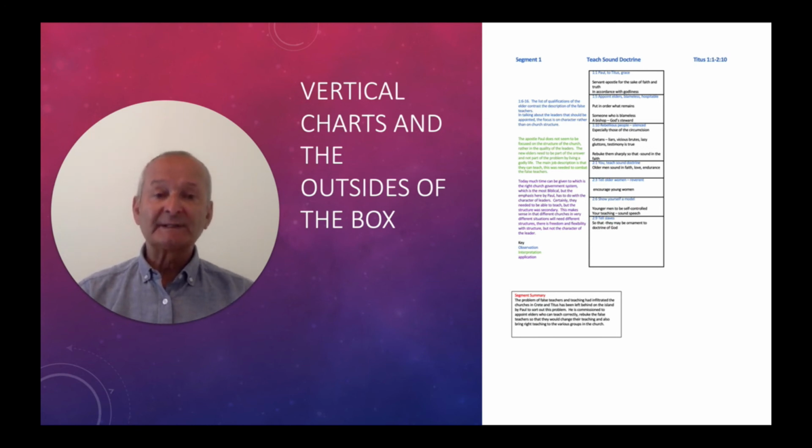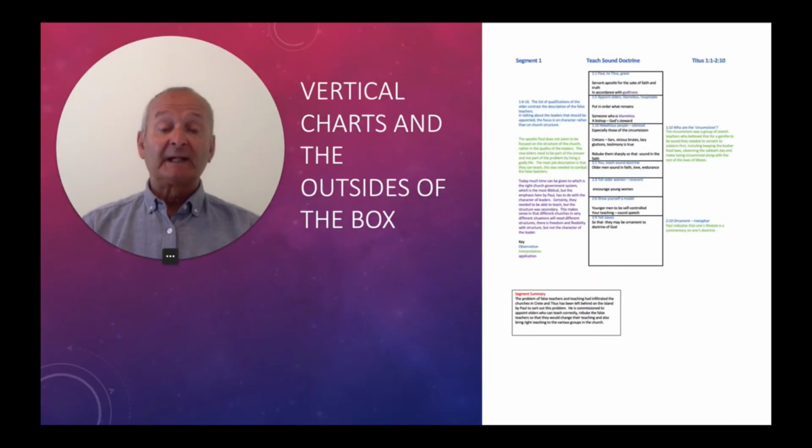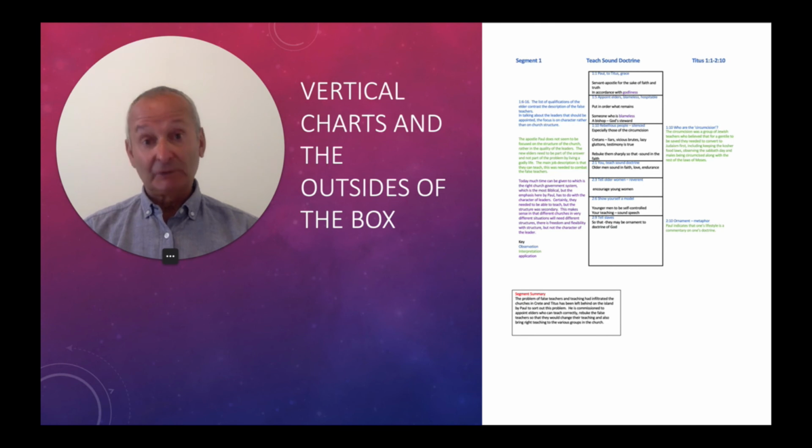And you'll notice that I have a key at the bottom, so the staff will know what you're doing, but the blue is observation, green interpretation, and the purple application. You'll notice that I have further observations and interpretations on the right hand side of the chart, and the whole vertical chart, the whole worksheet is for you to record the things that you want to record.